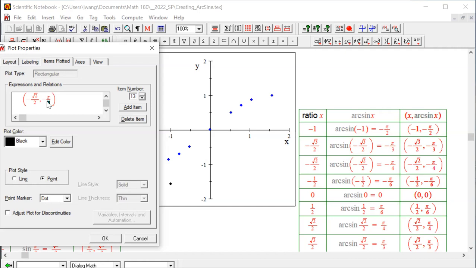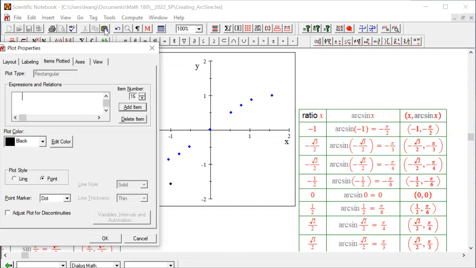You are encouraged to do it with me. And that's -½ and negative pi over 6, and 0, 0.